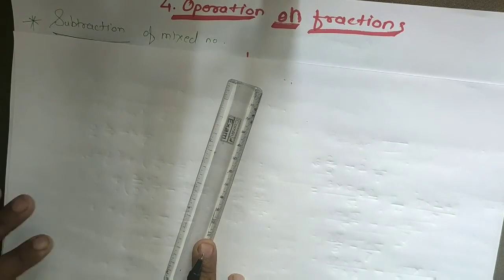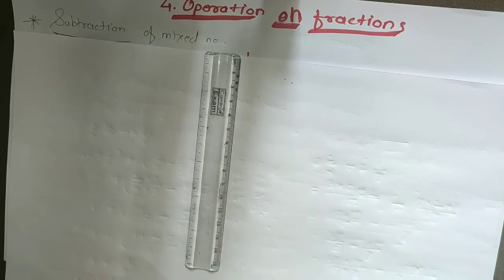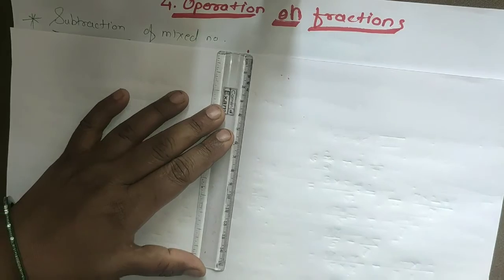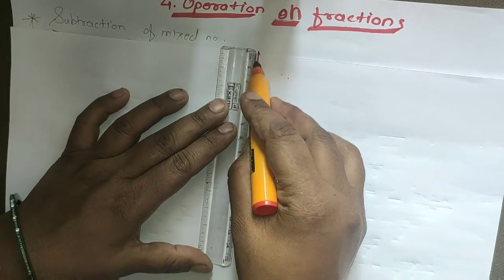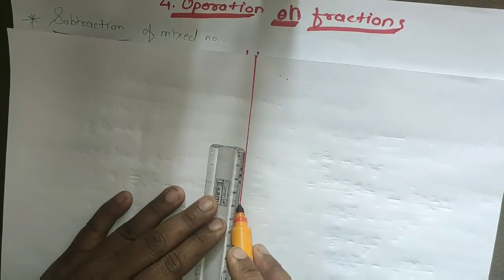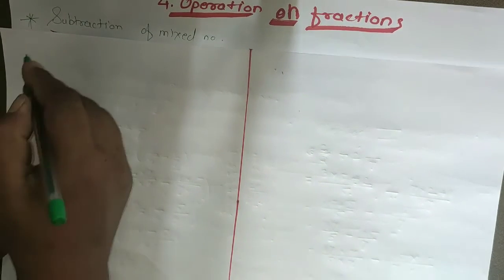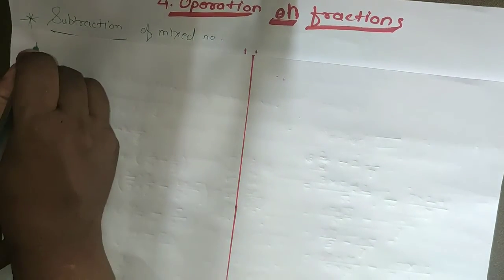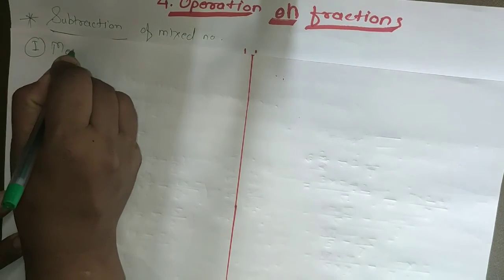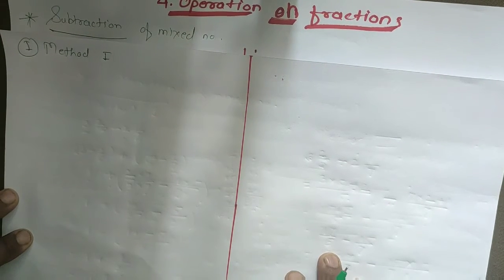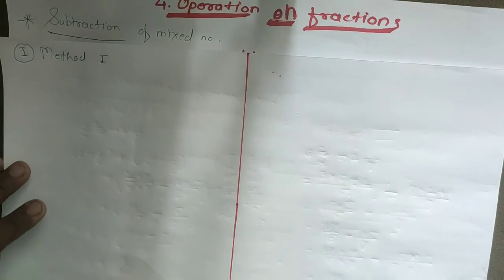Here also I will show you both the methods. So first, method 1. Okay. In the first method, what had we done here?